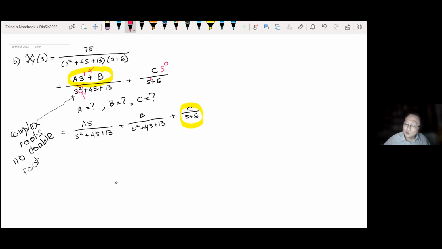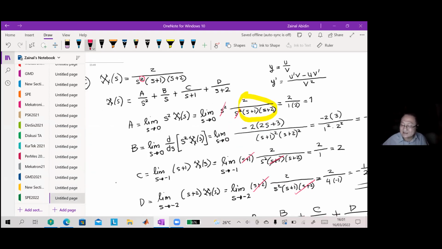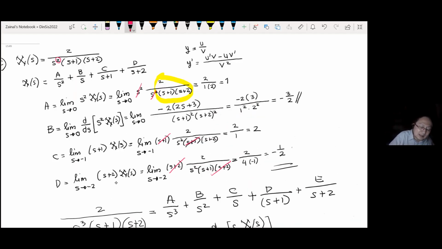Okay, so if you have repeated or the same root, something like s equal to 0 and s equal to 0, right?